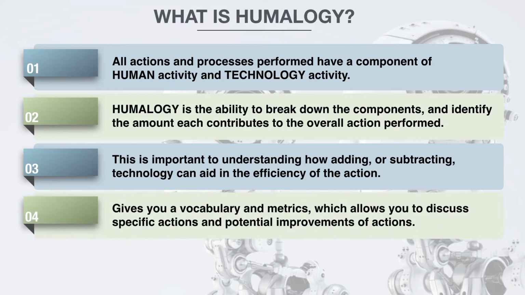And maybe most importantly, it gives you a vocabulary and metrics by which to communicate with your colleagues and other people about how to talk about this level of involvement from each particular side. All this leads to what we call a humology score.